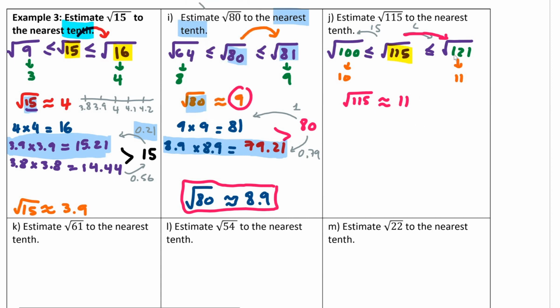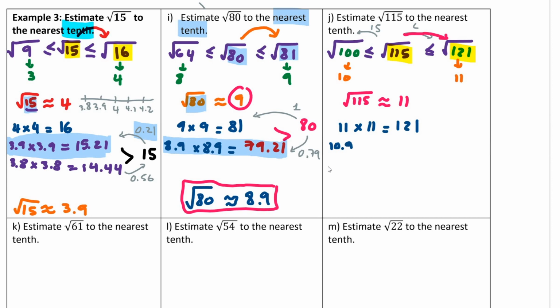Since 115 is less than 121, the actual answer will be less than 11. And less than 11 is 10.9, right? Sorry, I skipped one step. I should put 11 times 11 first, which is 121.